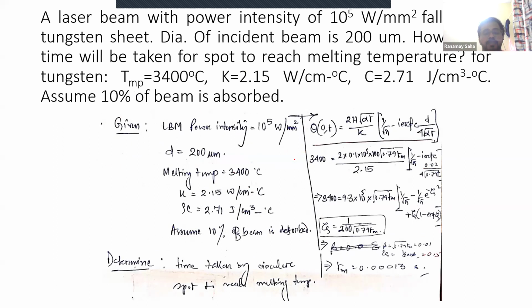Then we proceed to the next question, in which the data is exactly the same. We just have to consider a circular spot here and find the time to reach the melting temperature. However, in this case, you have to take care of this Xi value. We had earlier discussed, in the case of electro-discharge machining, how you solve this kind of problem.